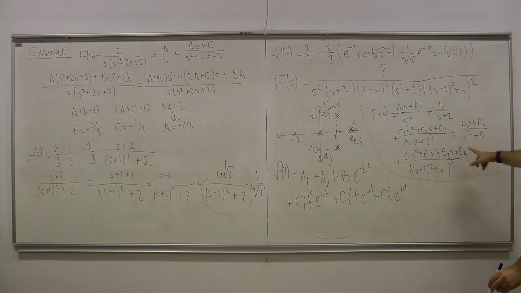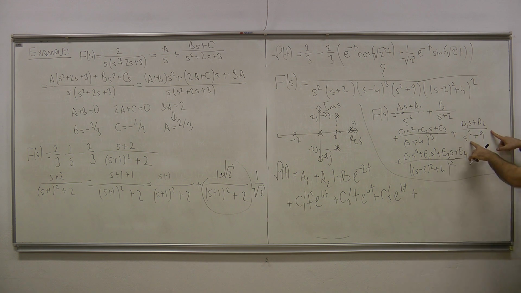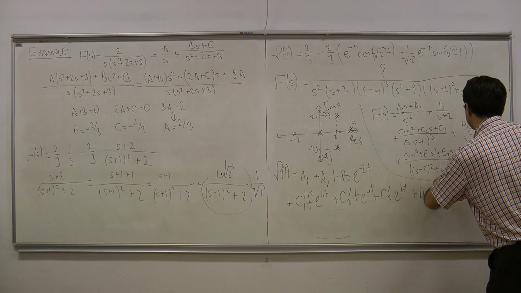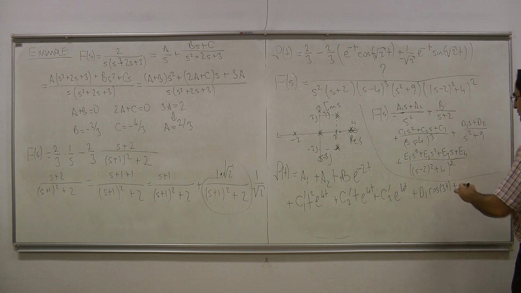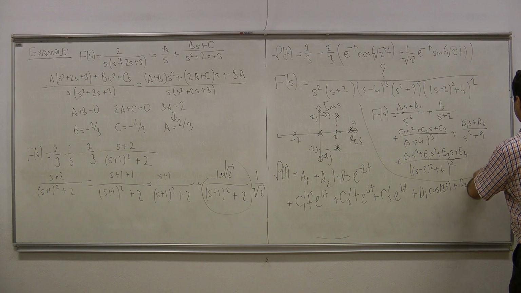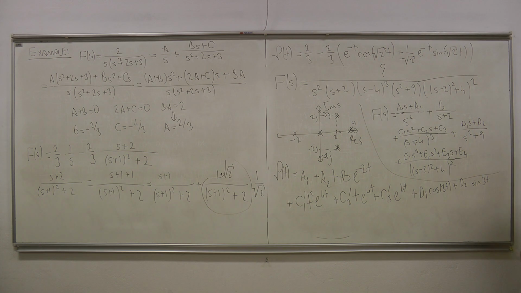Okay, so now come back to this term. So I have d1 s over s squared plus 9. This is cosine, okay? d1 cosine 3t. Plus, do you think I will write here just d2 sine 3t? This part is d2 over s squared plus 9.